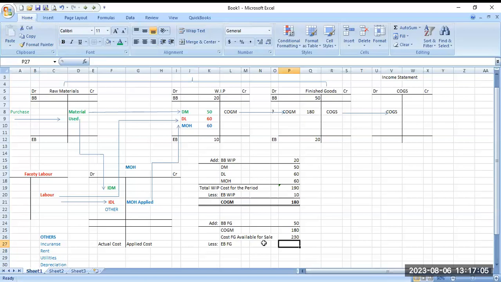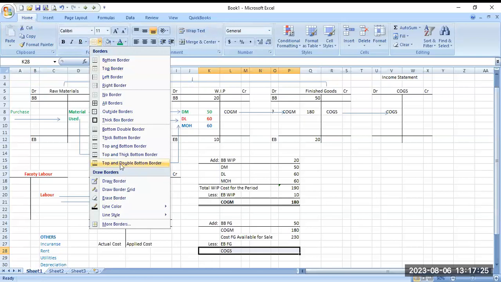Once I have those, it's going to give me cost of goods sold. Now I want to highlight that cost of goods sold to be fancy.